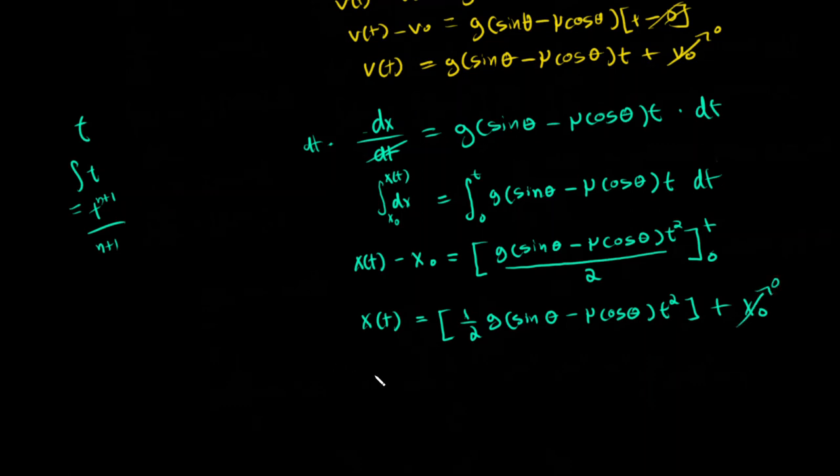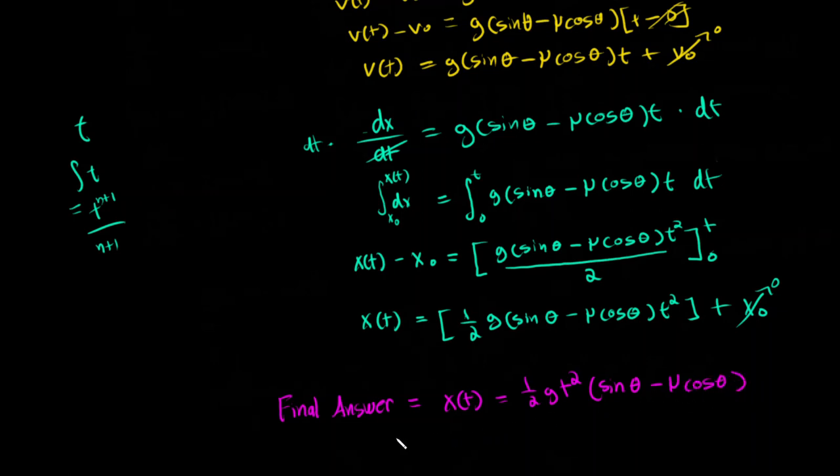So what is really our final answer, I'll write it in a different color, just for the good old pink. So the final answer is x of t is equal to 1/2 g t squared times sine theta minus coefficient of friction cosine theta.